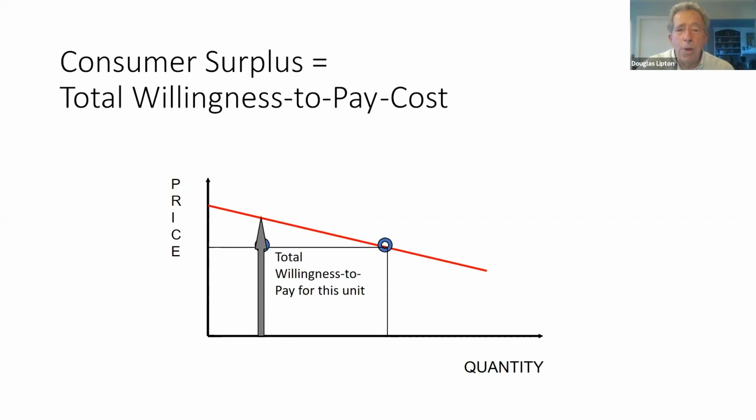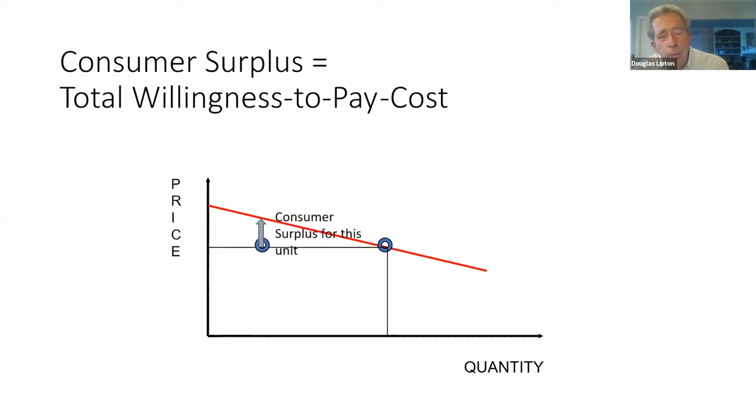Again, you don't get priced differently for each quantity of oysters that you buy. You pay the same price for all. So again, there's a surplus created in the difference between the maximum willingness to pay and what you actually pay for that individual unit.